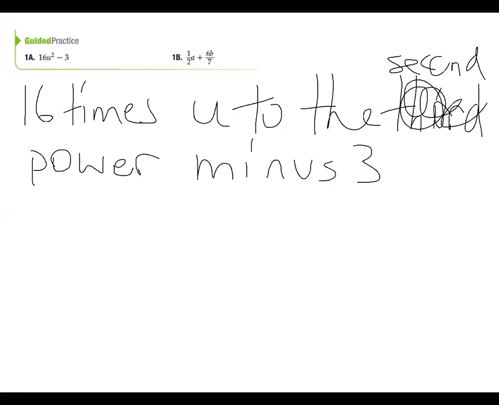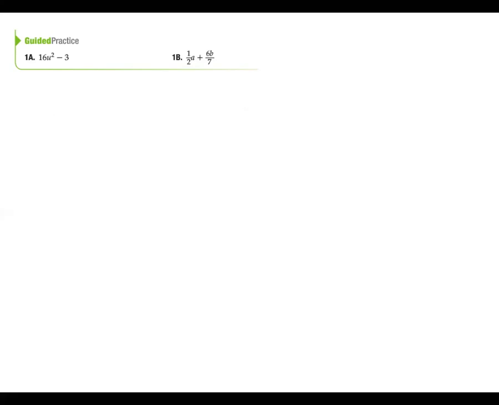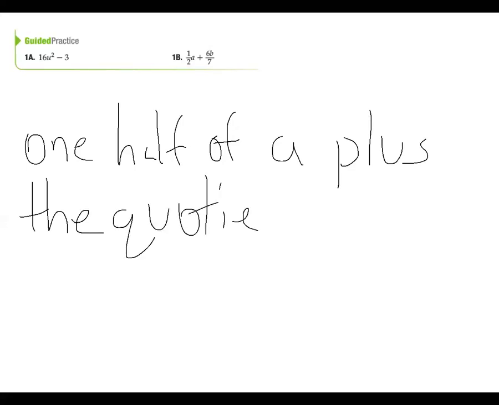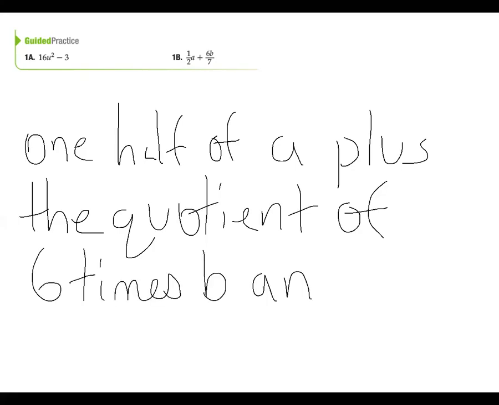The second one is 1/2 of a plus the quotient of 6 times b and 7.